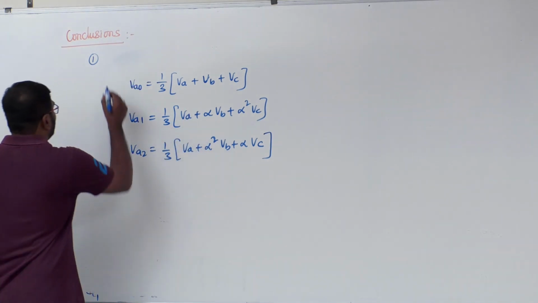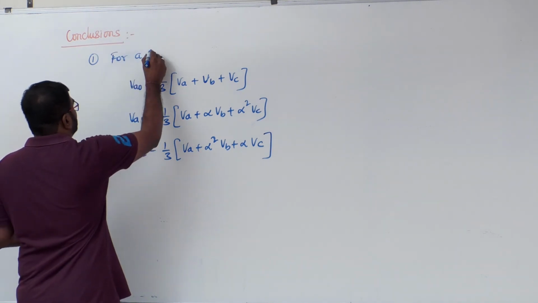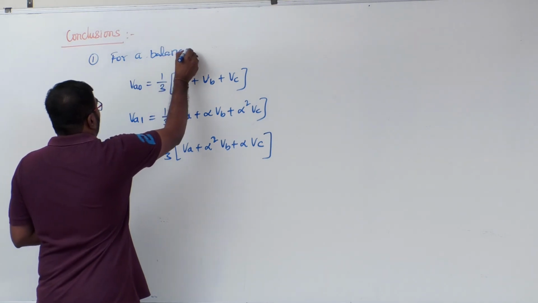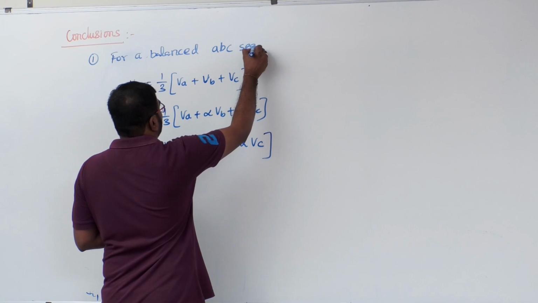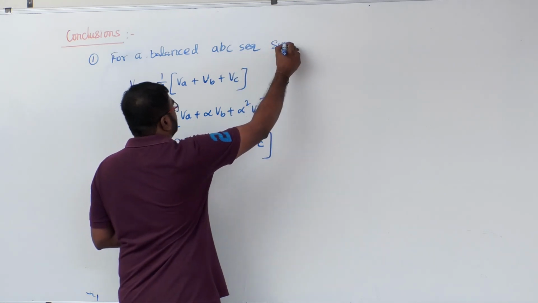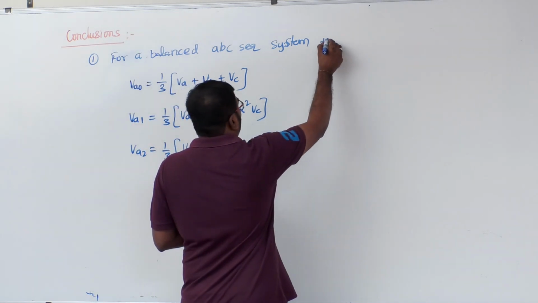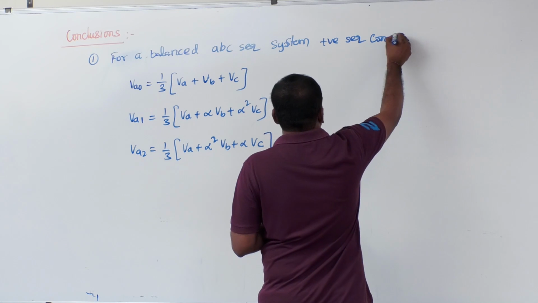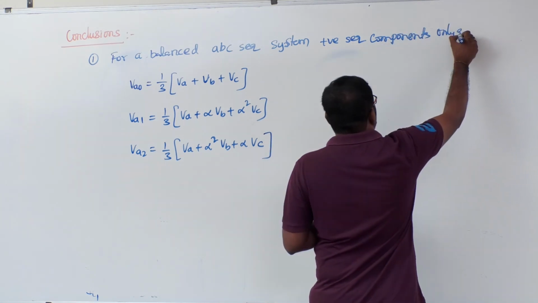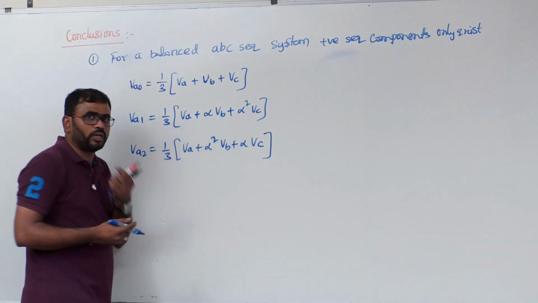Now I am writing, for a balanced ABC sequence system, only positive sequence components exist. We will prove this.